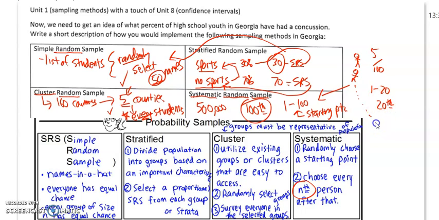So if you randomly selected the 7th person, then you're going to go for the 27th, the 47th, the 67th, the 87th. Now I got 1, 2, 3, 4, 5 randomly selected students. There was that systematic pattern, but it was in choosing the starting point that we got our randomness.